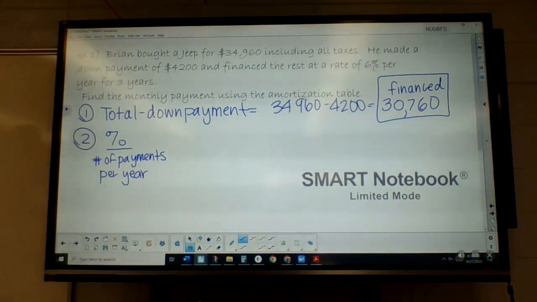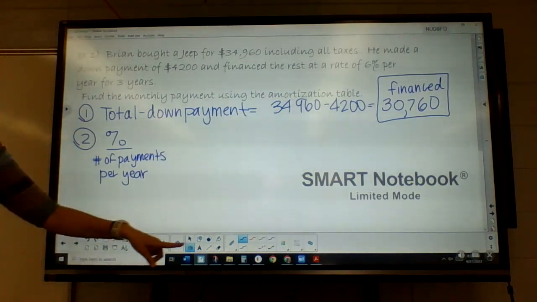We're going to take the percentage and divide it by the number of payments per year.